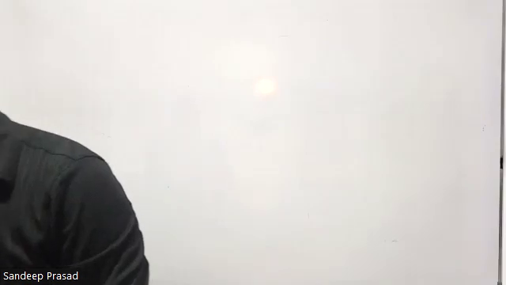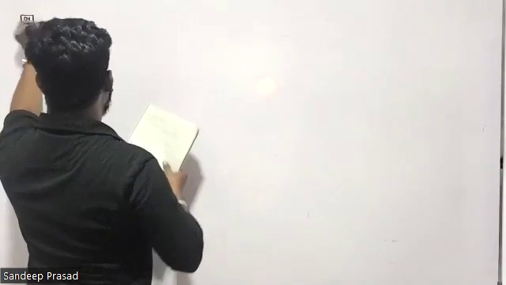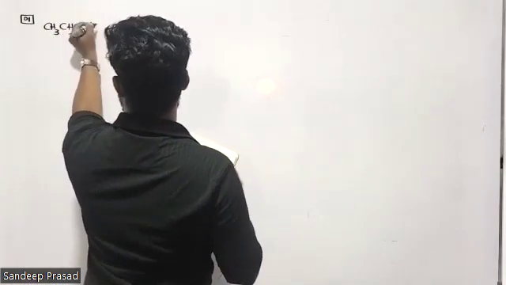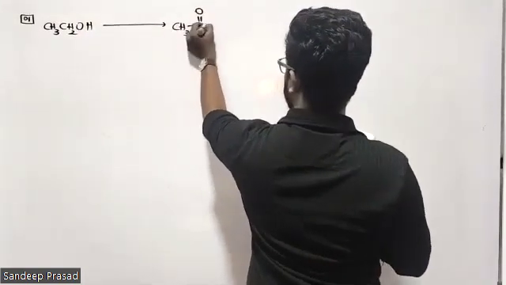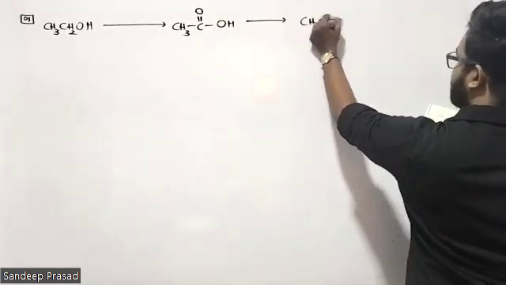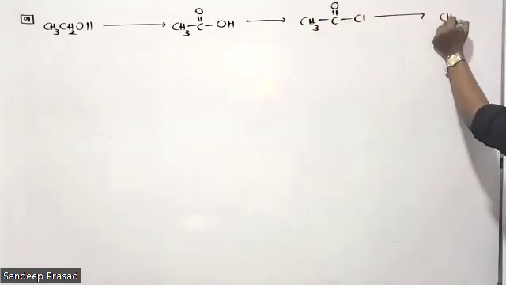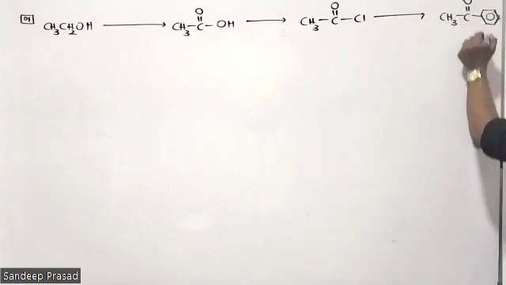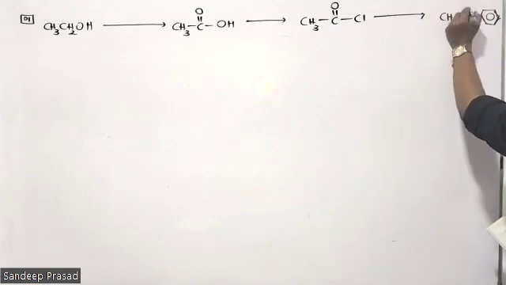Quickly write it out. Number one, primary alcohol, benzoic acid. Okay, so this is a carbonyl group.